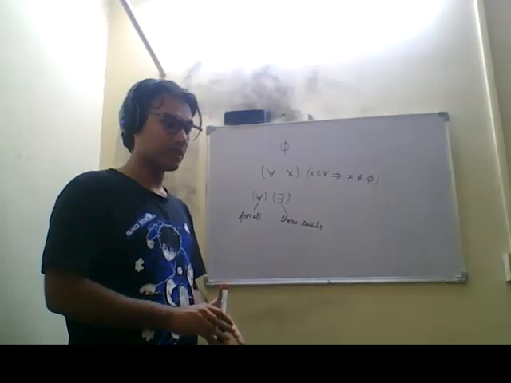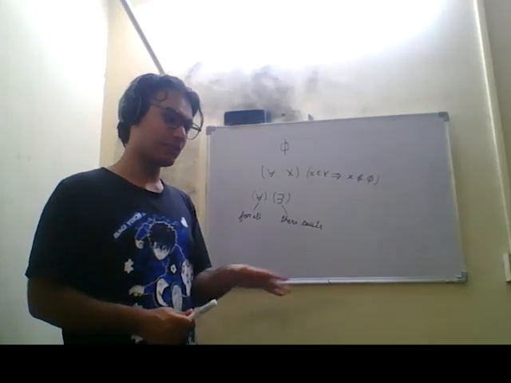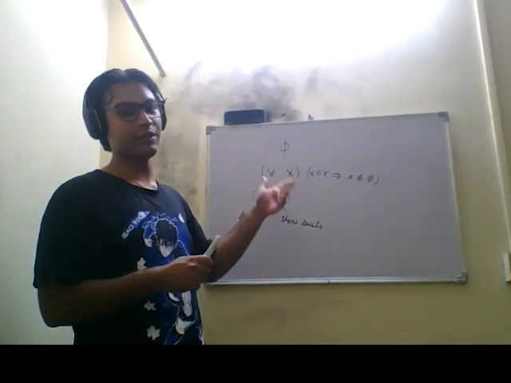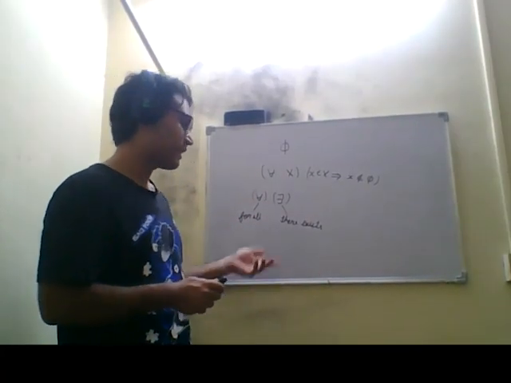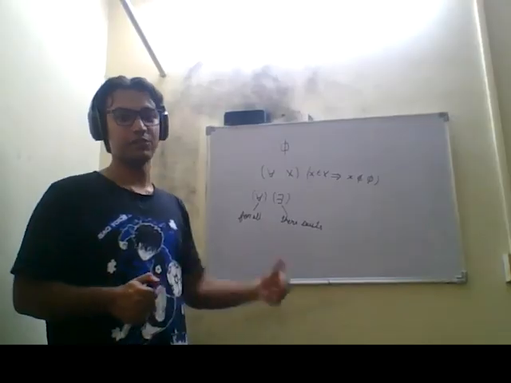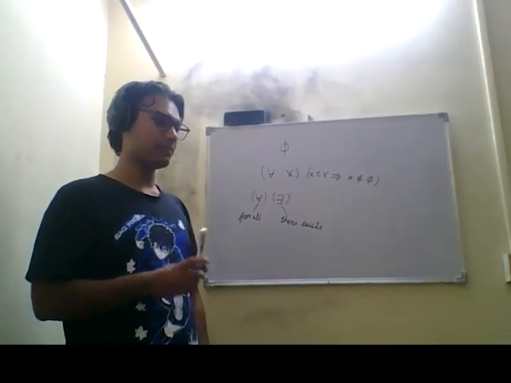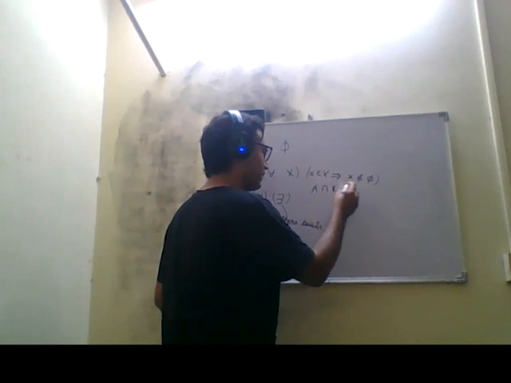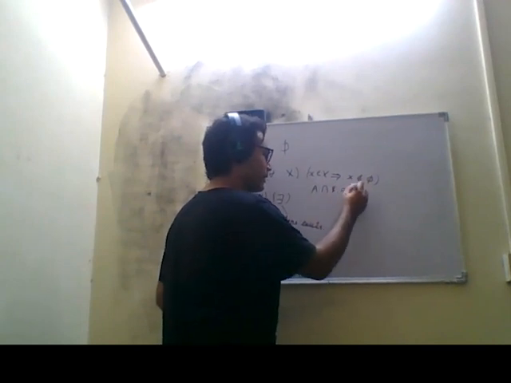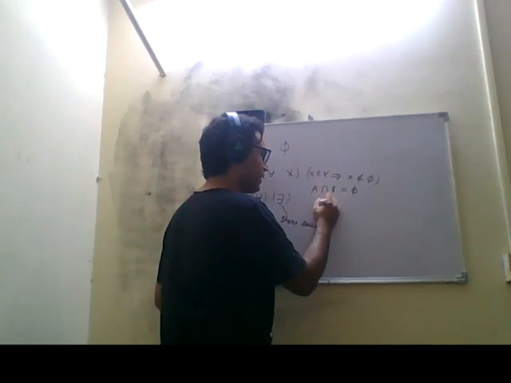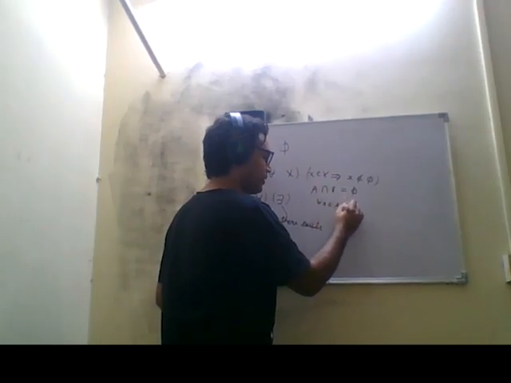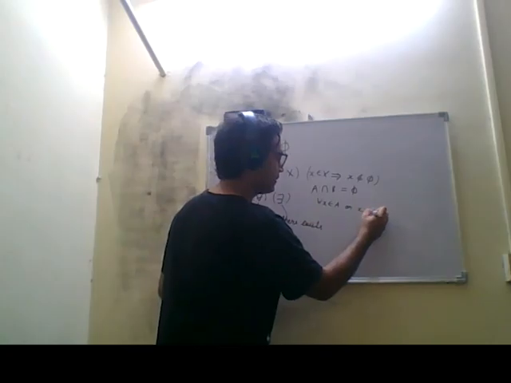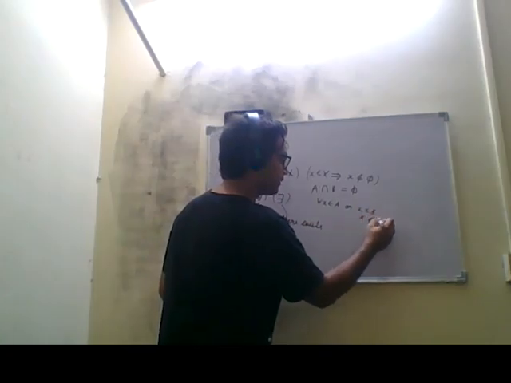Essentially, it's a property that when two sets are disjoint, we're saying that the intersection is the null set. So if we're assuming the existence of the null set, and from that we're using that, we're writing A intersection B is equal to phi, which means for all x, x belongs to A or x belongs to B, x does not belong to phi, right?